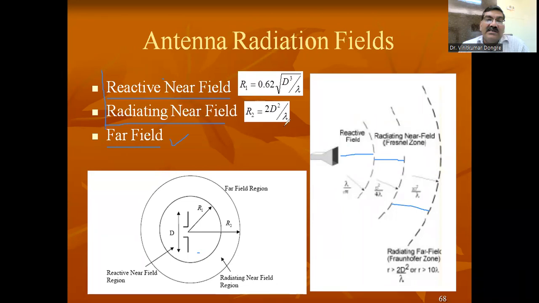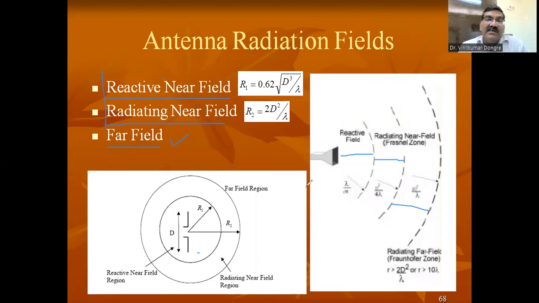This is one example I am taking. This is R2. Suppose your lambda is 10. So 200 by 10 is 20. So till 20 centimeter, you will have this radiative near field, and the far field is beyond this.